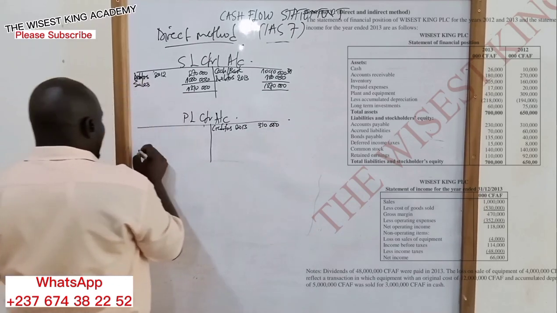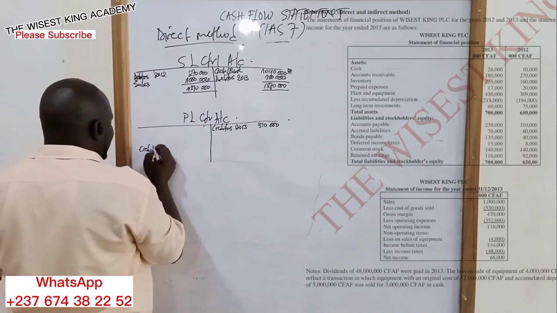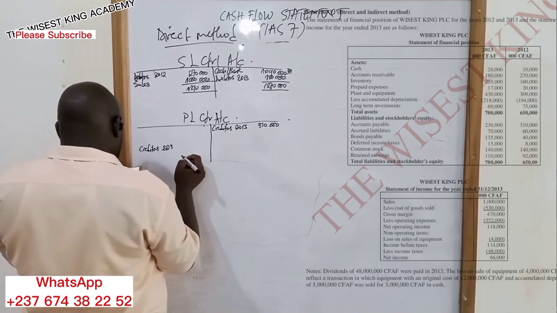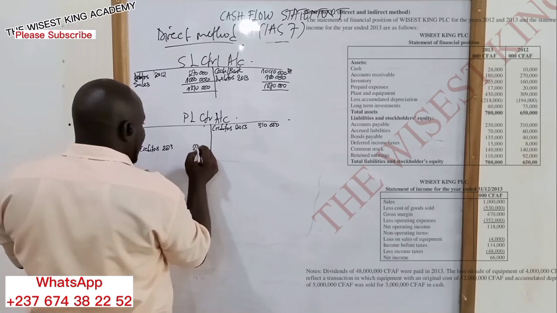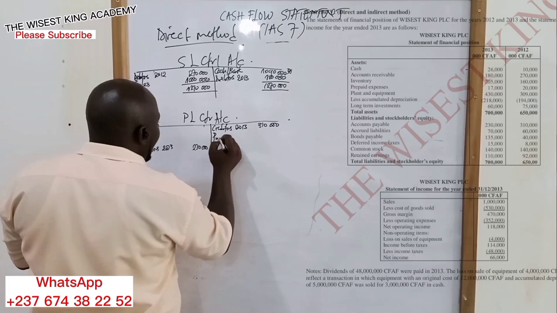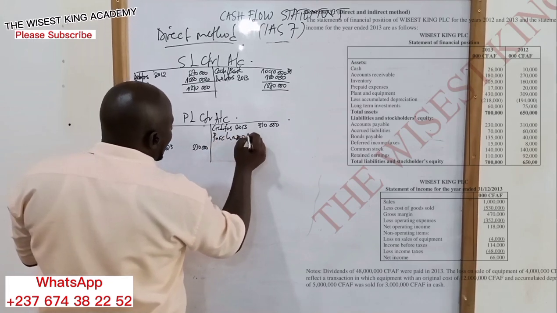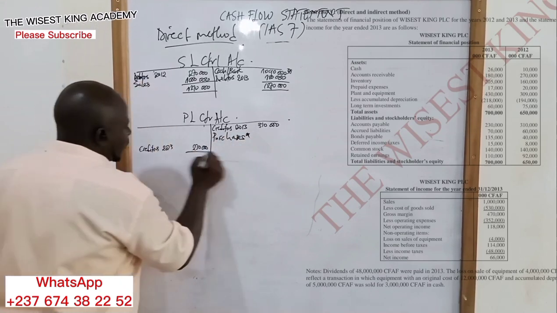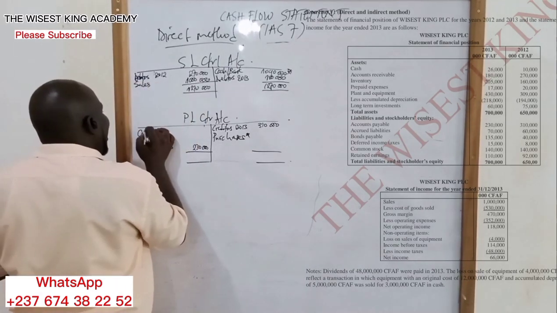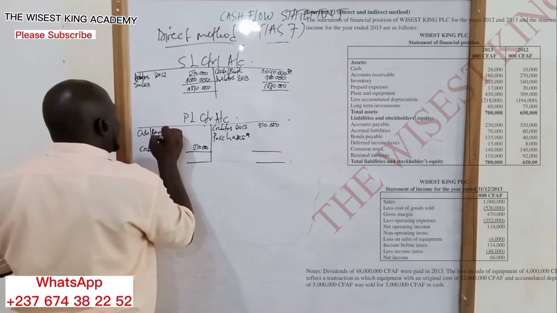Creditors carried down for 2013 is 230,000. Now here I have purchases, which I don't know, and here I have cash from bank, which is the amount paid to creditors.